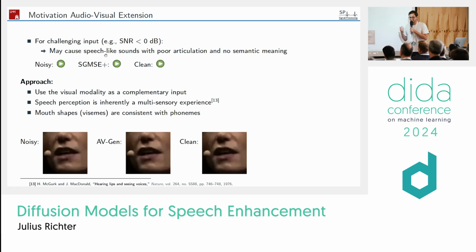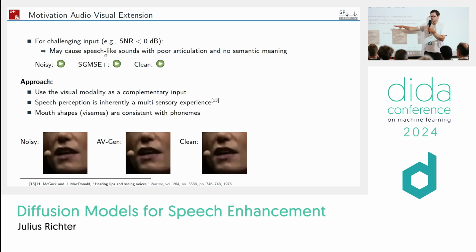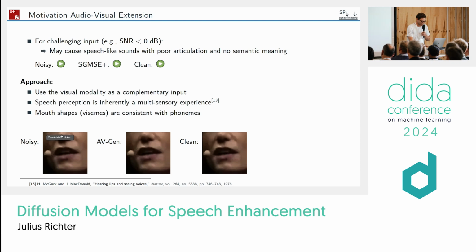So we always have different senses. We do not only hear someone talking, but he's also articulating, he has gestures, and of course also the mouth area. So the visemes, the mouth shapes, change when you talk, and they are consistent with what you hear with the phonemes. So let's listen to the example again.